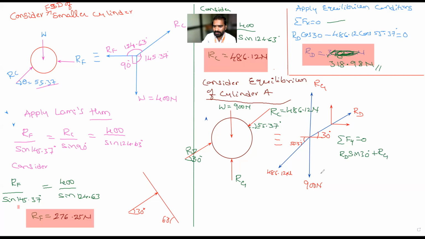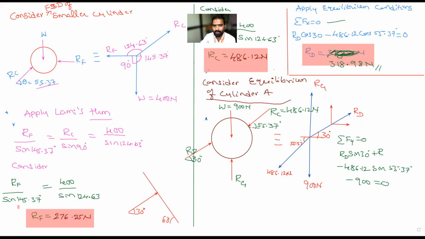Next, this 486.12 is moving in the downward direction, so minus 486.12 sin 55.37. Again there is the downward 900 Newton, is equal to 0.